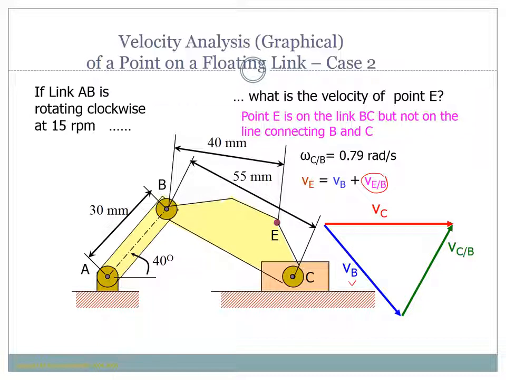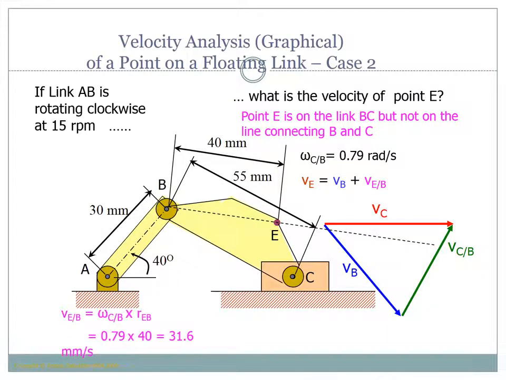VEB is the velocity of E relative to B. How to relate that? We have to create a straight line between B and E. Then we can find the velocity of EB, which equals omega CB times REB.